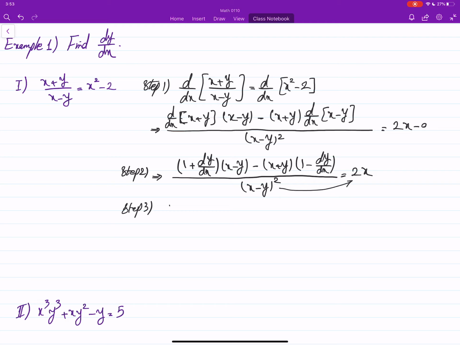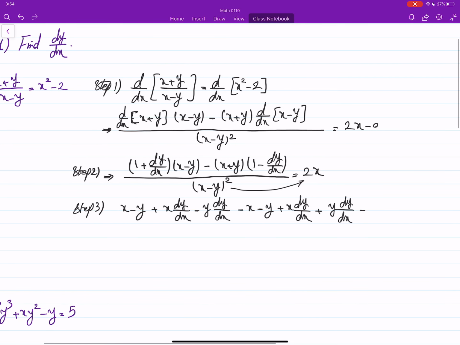It will give us (x minus y) plus x dy/dx minus y dy/dx, then minus (x plus y) times (1 minus dy/dx), which gives x minus y, then plus x dy/dx and y dy/dx. This is the left hand side. The right hand side is 2x times (x minus y) squared.